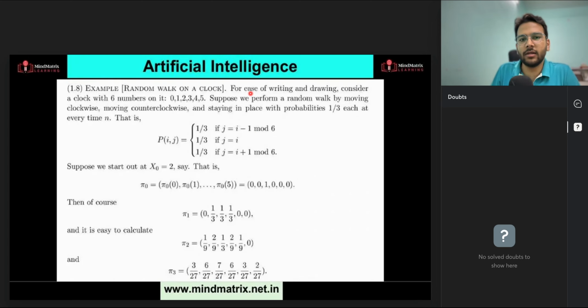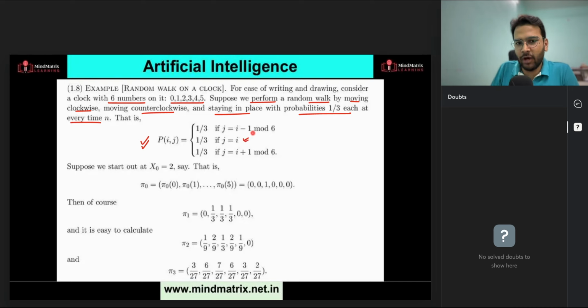Now what this example says, as it is mentioned, total 6 numbers are there from 0 to 5, right? And carefully see this, we perform a random walk by moving clockwise, moving counterclockwise, and staying in place. That means if you stay at the same place, the probabilities are 1 by 3 each at every time step. So can we write this distribution like this, that P of i comma j, that means if you move to j, the probability is 1 by 3, where j can be i minus 1 mod 6.